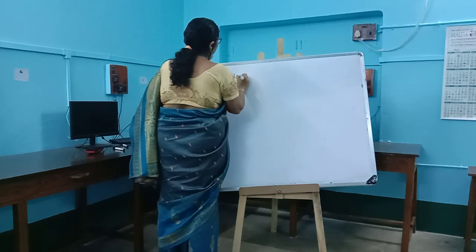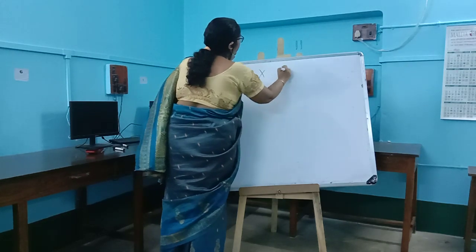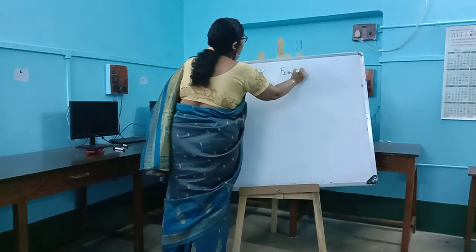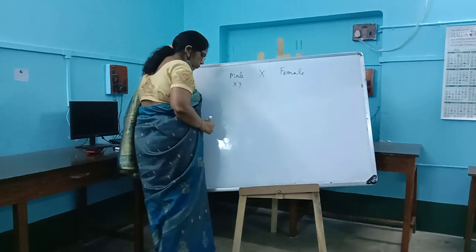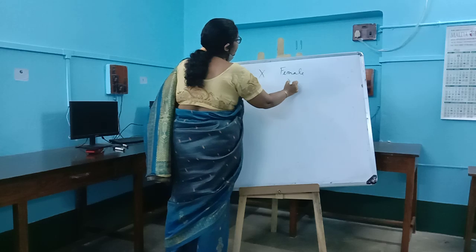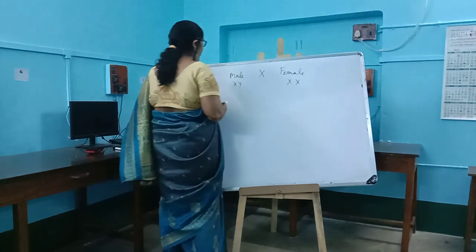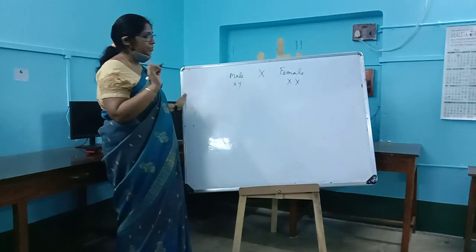The male is getting crossed with the female. So this one is represented by XY, as I've told you, and this one is represented by XX. We are not taking the autosomes into consideration.